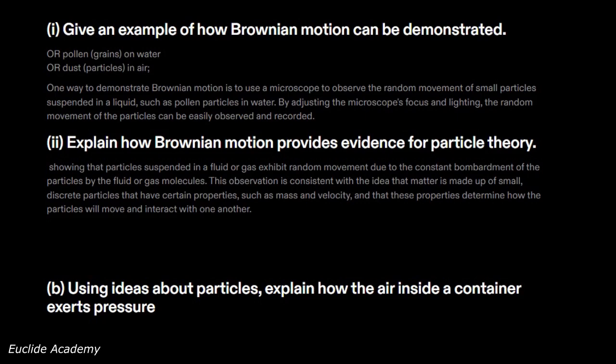So the points are: randomness, and they are tiny and invisible. This is how we can explain that Brownian motion is evidence for particle theory, because these are the ideas of particle theory.